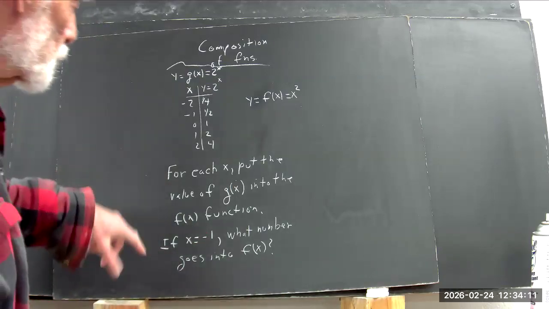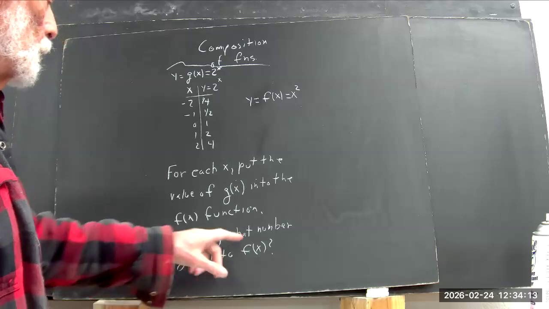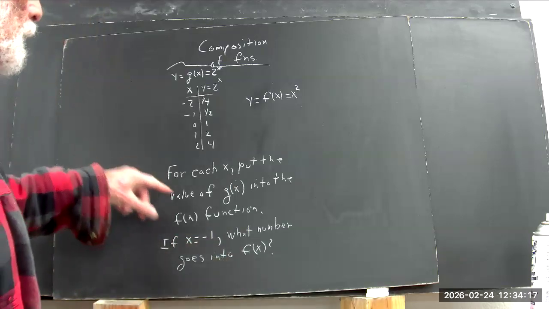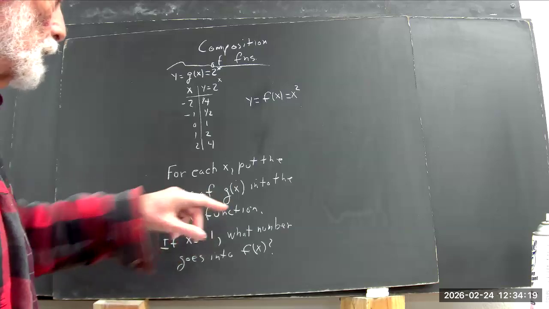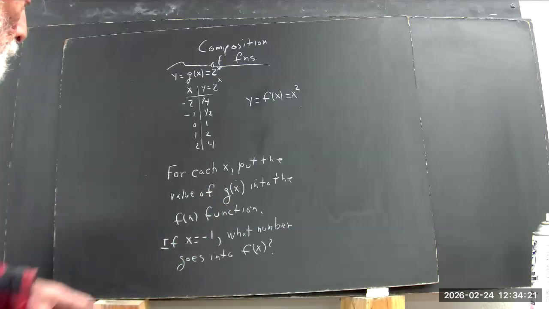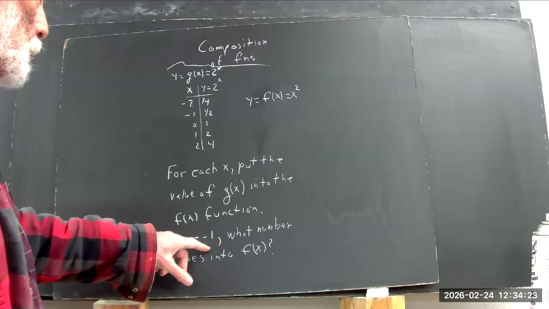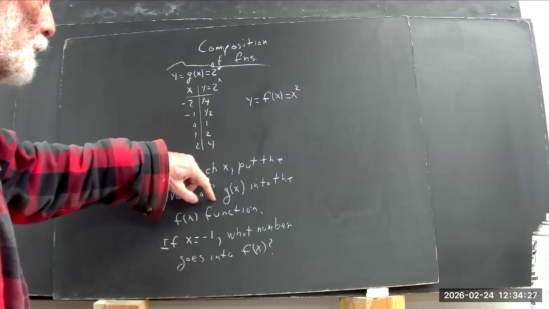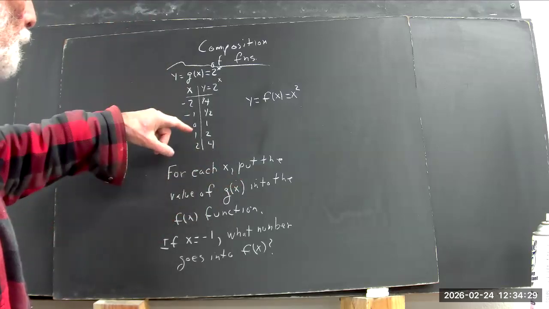Okay, so the question was, if x equals -1, what number goes into f of x? And I said for each x, you put the value of g of x into the f of x function. Well, if x is -1, that's your x. What's the value of g of x? You can read it off the table.